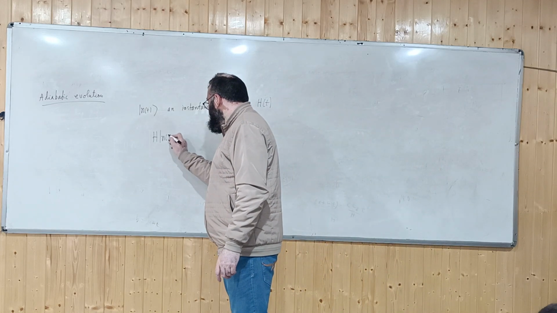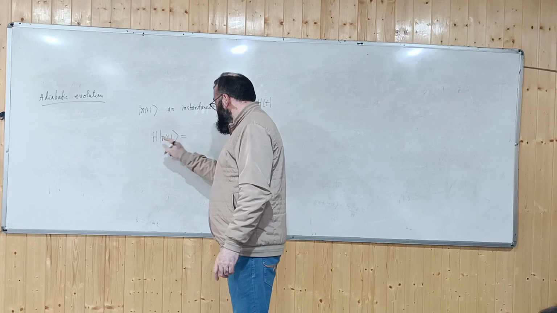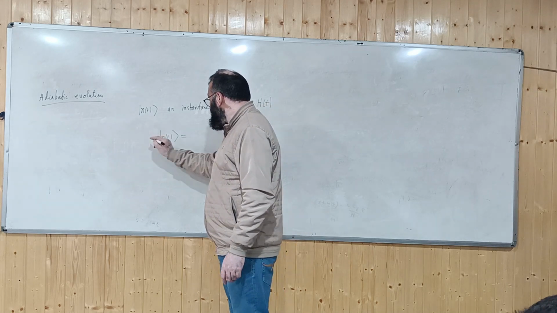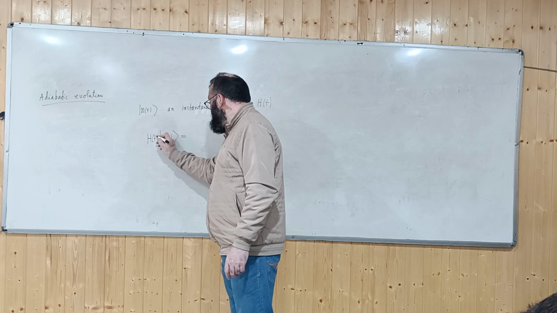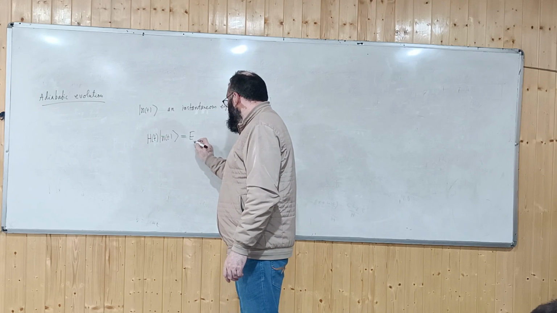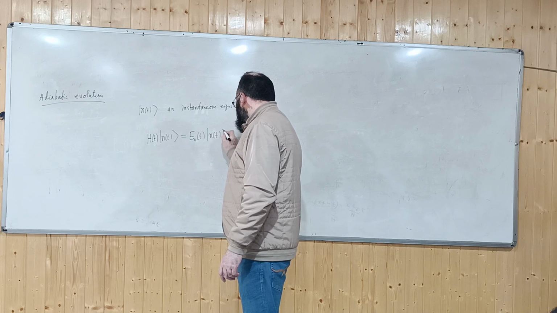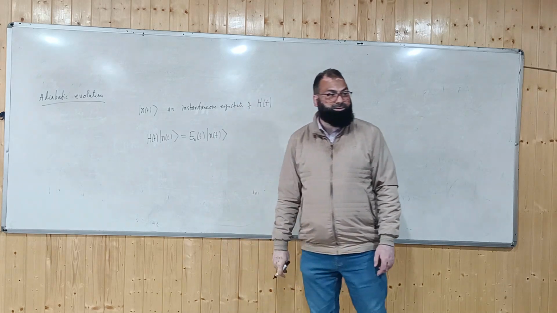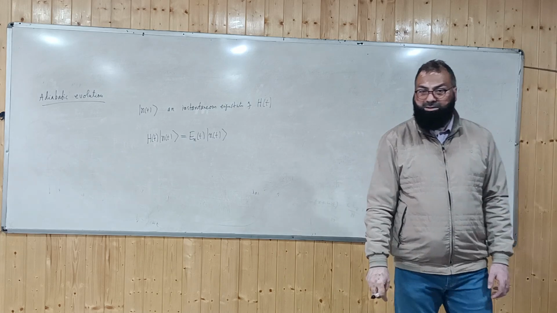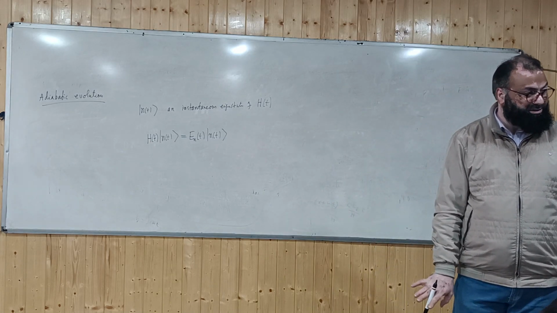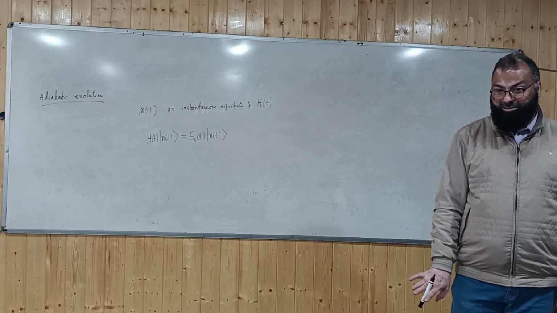This H is a time dependent term. So it is simply H(t)|n(t)⟩ = E_n(t)|n(t)⟩. Clear? But you should know this |n(t)⟩ is not in general a solution for the time dependent Schrodinger equation.